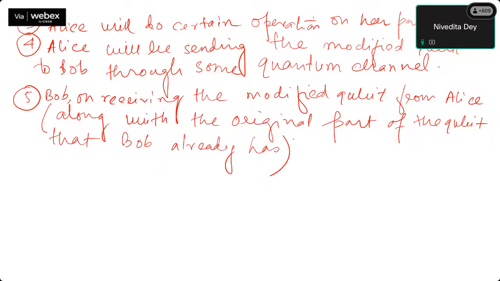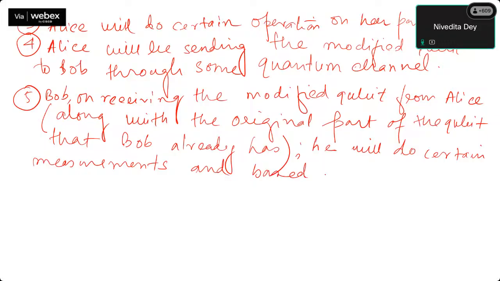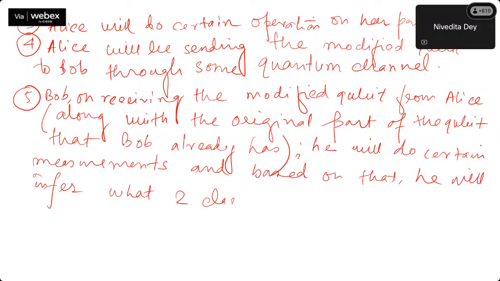On both the things, he will do certain measurements, and based on that, he will infer what two classical bits of information Alice wanted to send to Bob.